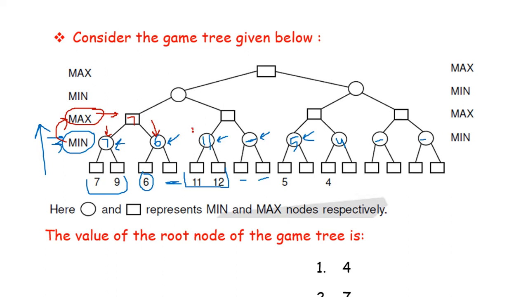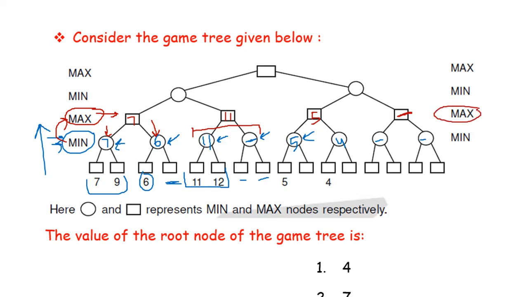Next, in the same way, the maximum of 11 and none will be 11. Whenever we have no value on any node, we will just ignore it. Now for the next we will get 5 because 5 is greater than 4, and for the next node we will get no value. Clear?